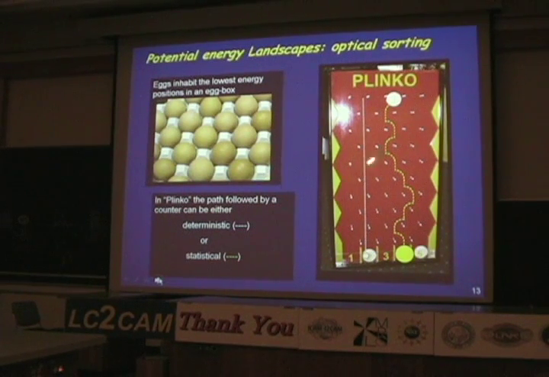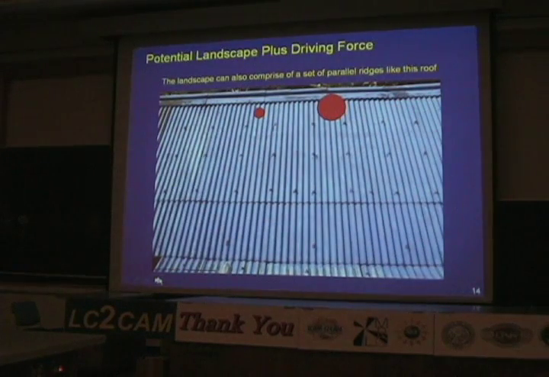We've got to think about the pattern and the response of the object to the pattern. So you can see here, this object follows, if you like, a statistical path, whereas this one's more deterministic. In other words, I'm always sure the little ball is going to end up in that little gap there.